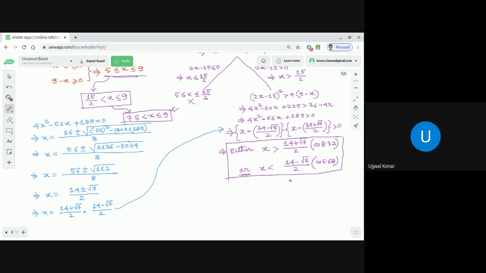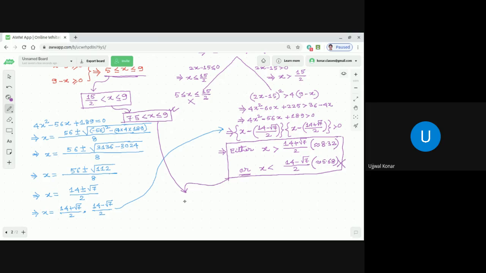So x less than 14 minus square root of 7 by 2 is not an acceptable solution. Got it, dear students? As x has to be greater than 7.5, x less than 5.68 is not an acceptable solution.